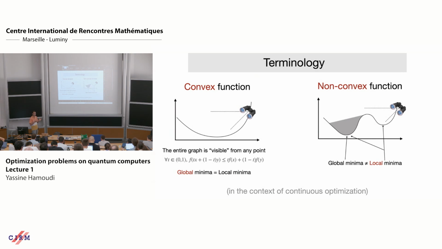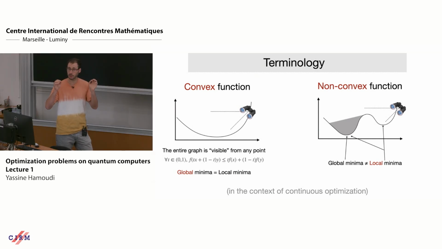I guess you all know what a convex function is, but schematically it can be represented as a graph where, if you are at any point of the curve, you could see all the other points of the graph. In some sense, wherever you are, you can see the minimum if you could look sufficiently far away.